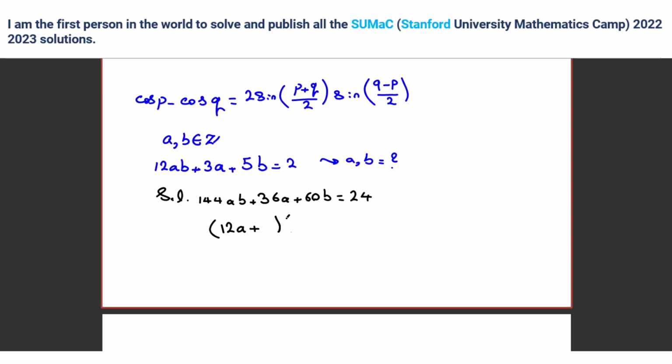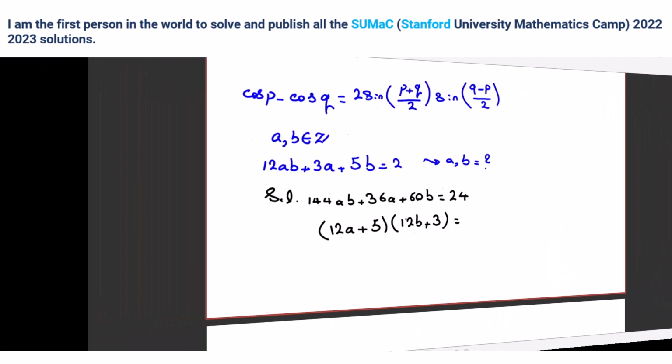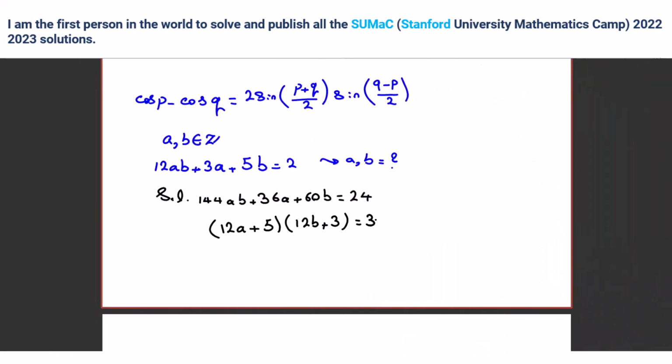This is plus 3, then this is plus 5. 12a plus 5 and 12b plus 3 is equal to what? 15 plus 24 is 39.